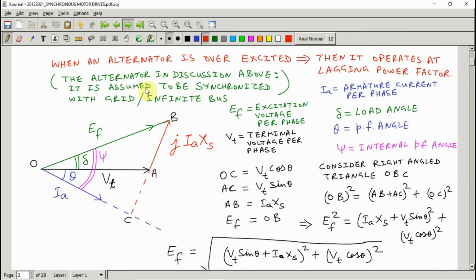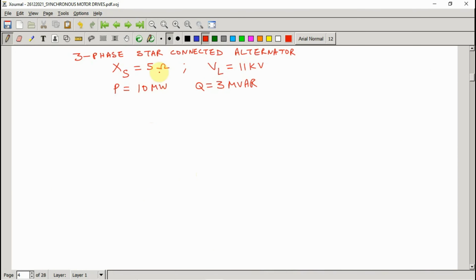So now we will calculate the apparent power by using the power triangle, which I have shown some time ago. So you can easily calculate the apparent power. What is apparent power? Apparent power will be the square root of 10 square plus 3 square.